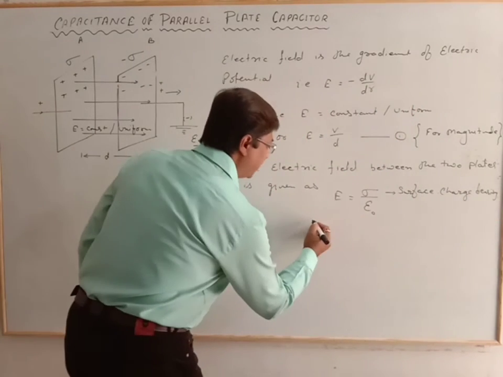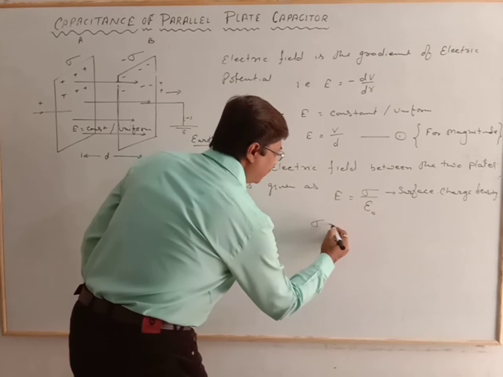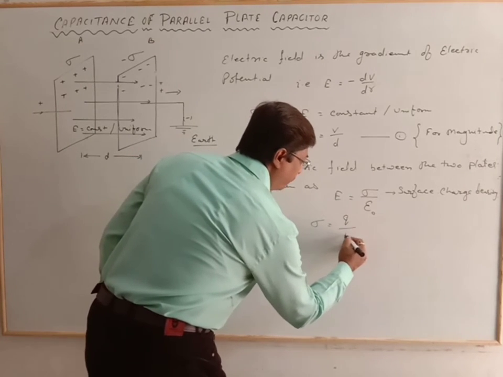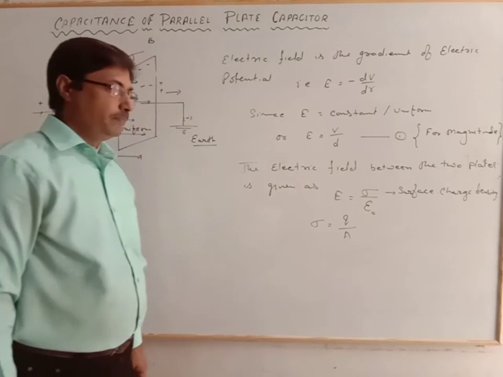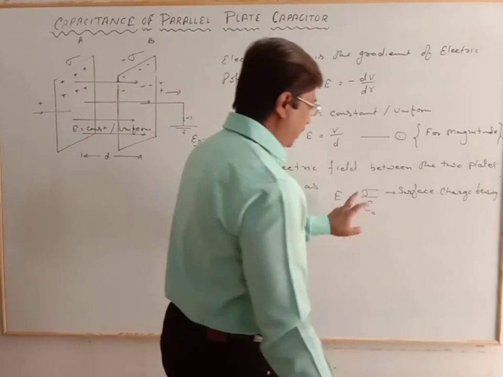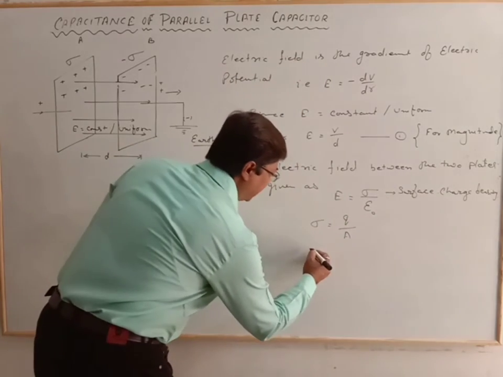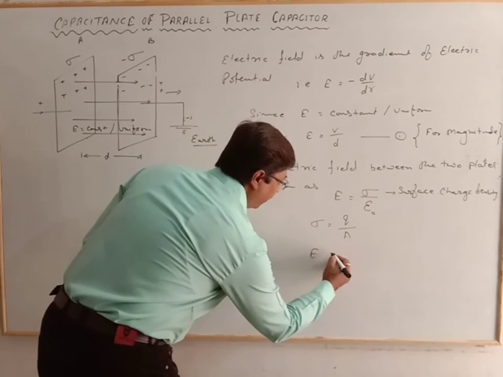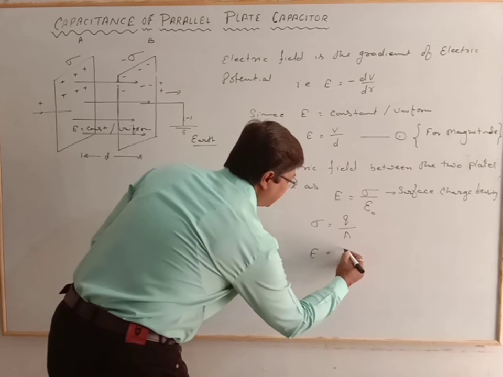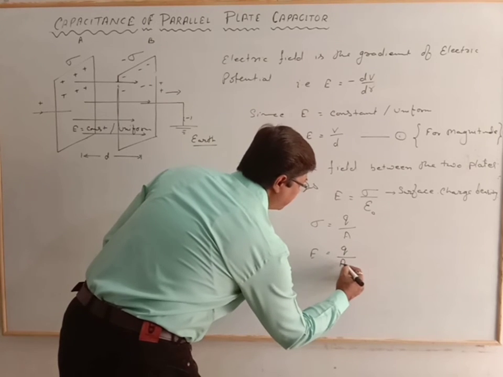That means sigma is equal to charge per unit area, Q by A. If we put this relation here, the electric field is written as Q by A epsilon naught.